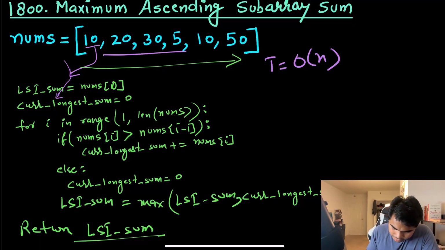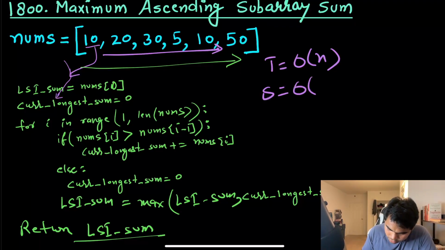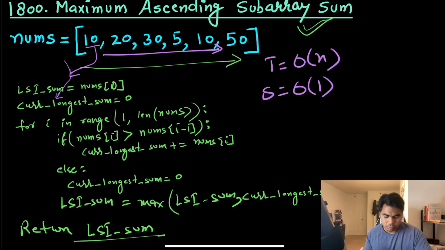You're only iterating the entire array once, and you are not using any space, so space is constant. That is the best solution. Let's implement it. It's easy peasy.